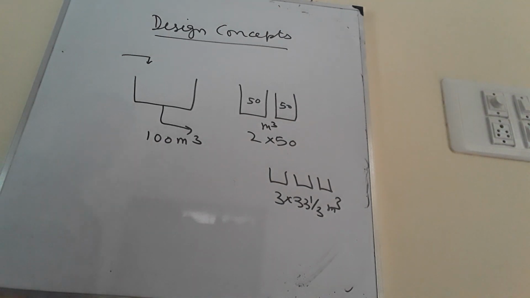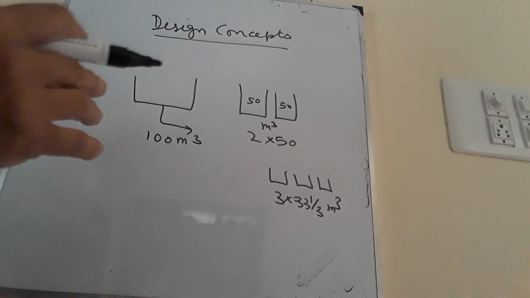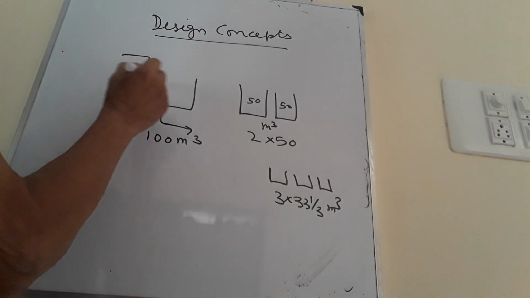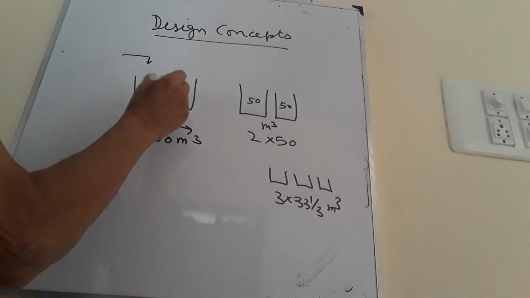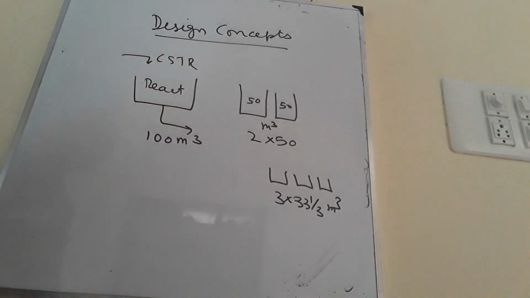I'm not going to go in depth into the design, but I have designed a reactor for a pharmaceutical company, and for that reactor I got a volume of 100 meter cube. It's a CSTR, continuous stirred tank reactor.